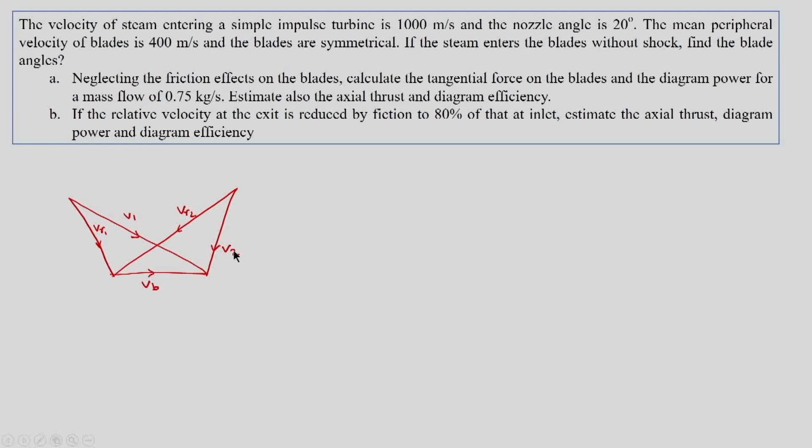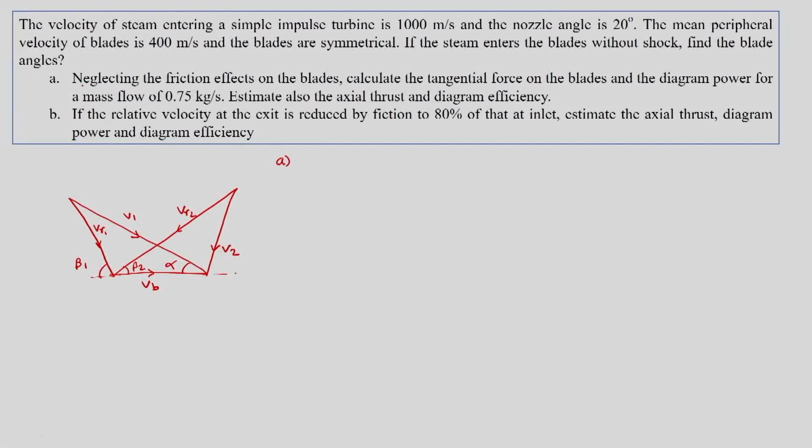And this is V2. So, what we have is this is alpha, this is beta 1, this is beta 2. Okay. So, noting this, we can proceed.